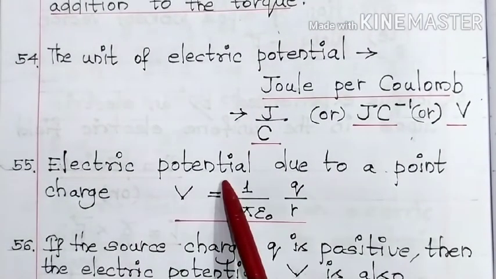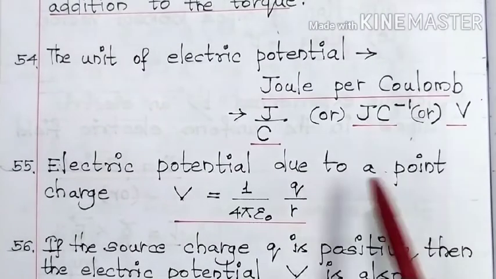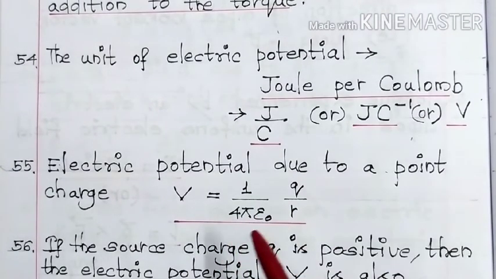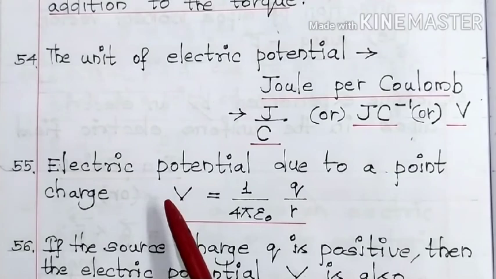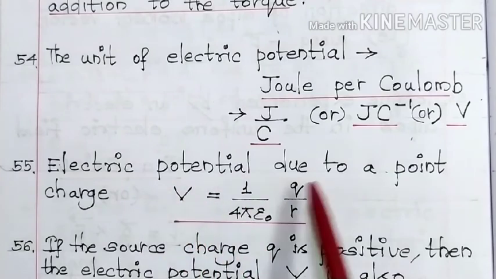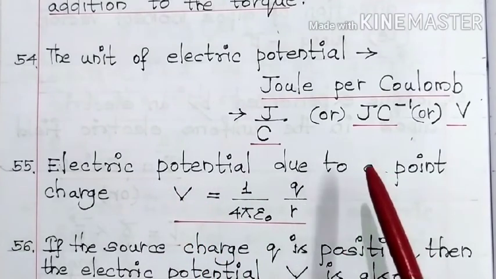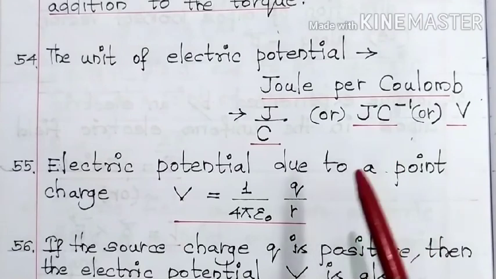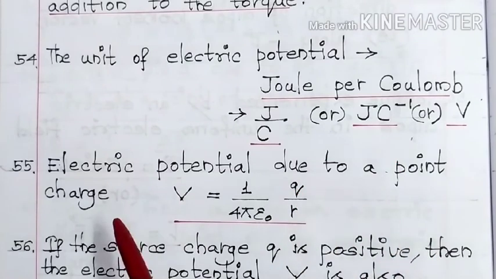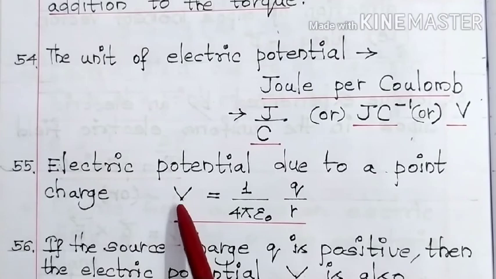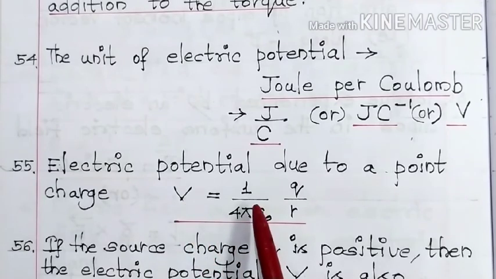Electric potential due to a point charge. There is a point charge, and on its axial line let us consider a point. At that point, the electric potential due to that point charge is V is equal to 1 by 4 pi epsilon naught Q by r.